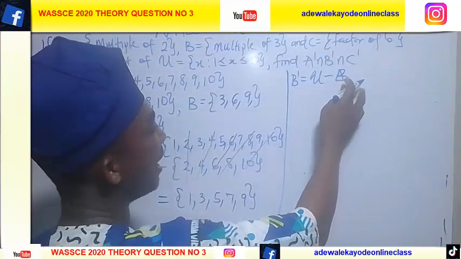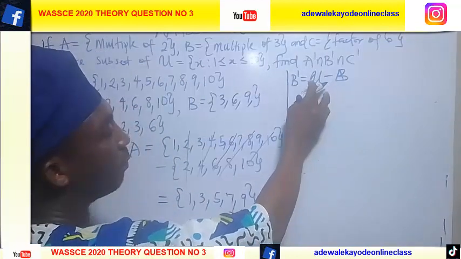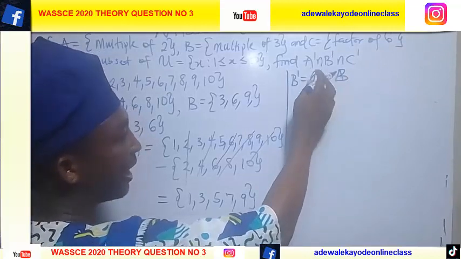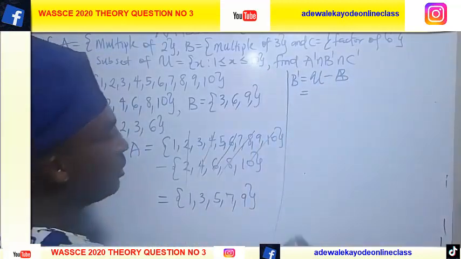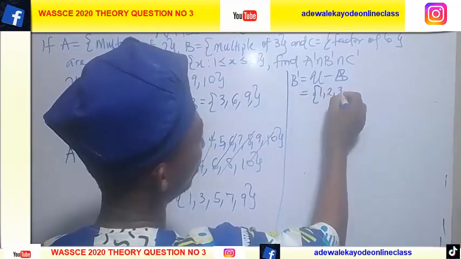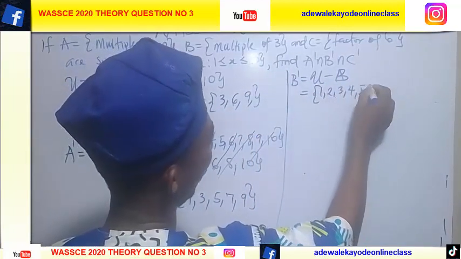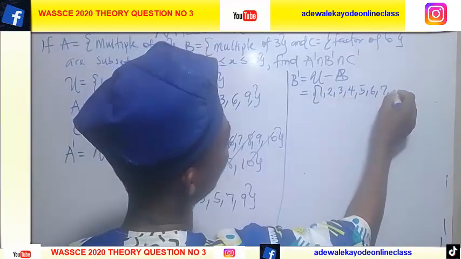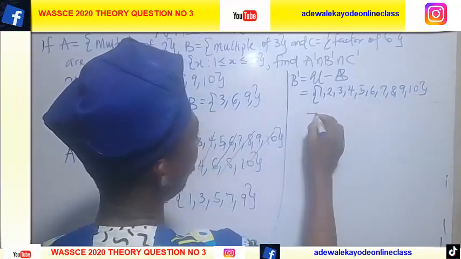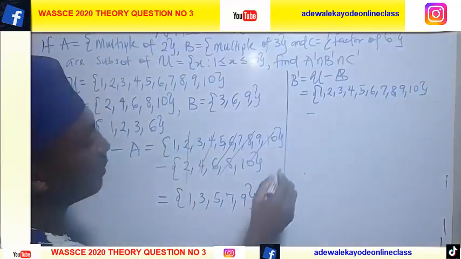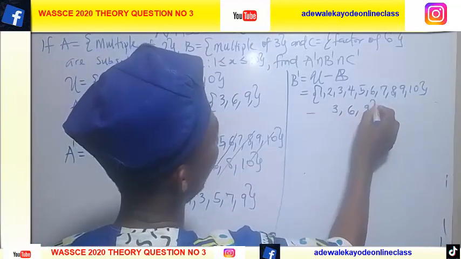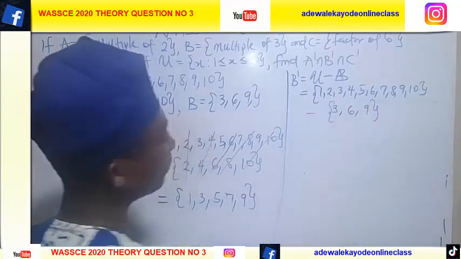Again, B complement is your universal set, taking your set B away from your universal set. That is, the elements in B will be taken away from the universal set. And that means those are the elements you cannot see in set B, but we have them in the universal set. So the universal set again: 1, 2, 3, 4, 5, 6, 7, 8, 9, and 10. And let's take set B away from them. Set B: 3, 6, and 9.